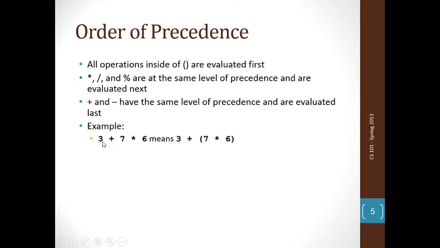For example, 3 plus 7 into 6. As we can see, multiply, divide and modulus have higher precedence than plus and minus. So we will first evaluate the multiplication operator, 7 into 6. Then we will add the result to 3.